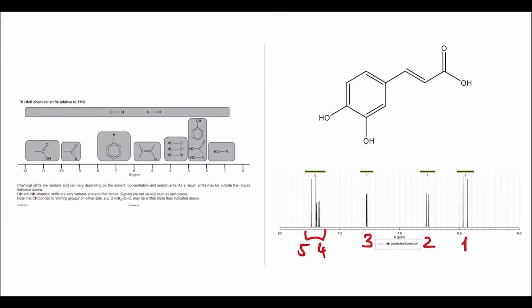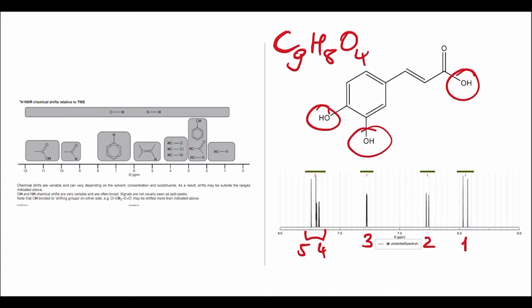If you remember, our structure was C9H8O4, but we only have 5 hydrogen peaks. Why is that? Well, we have 3 OH groups, and the peaks for OH can be very broad and appear in many places of the spectrum.